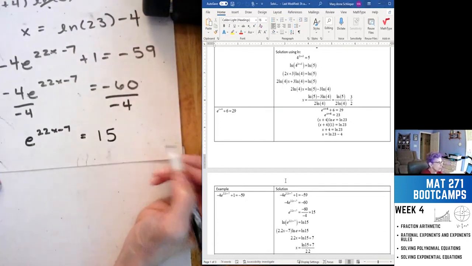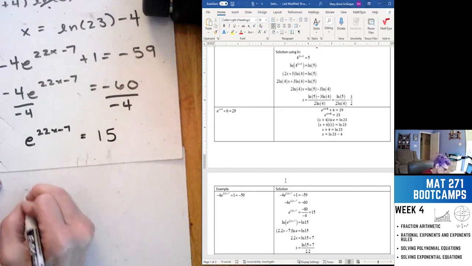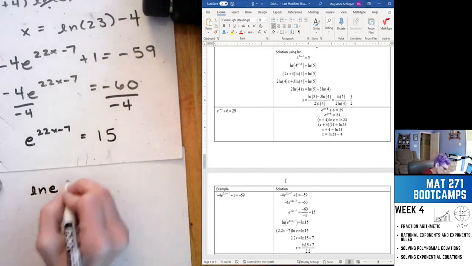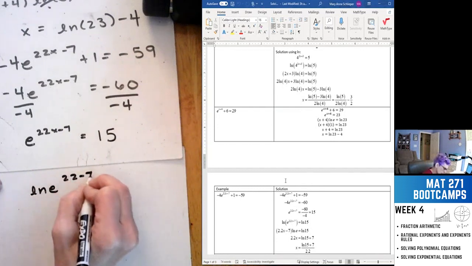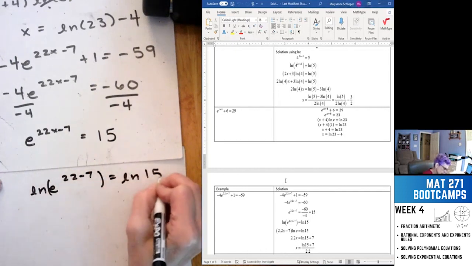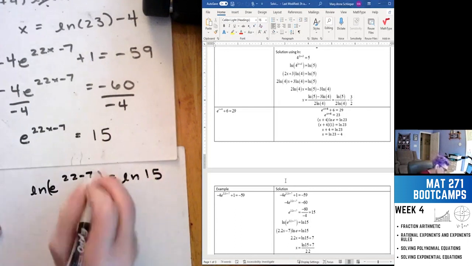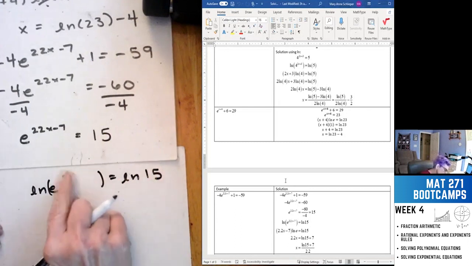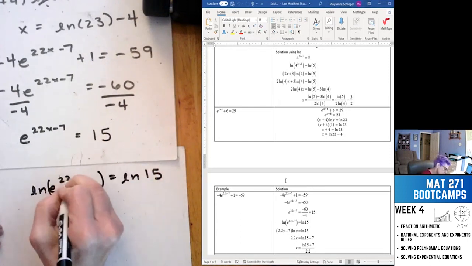So then you would throw logs at both sides. And 2x minus 7 would fall down.